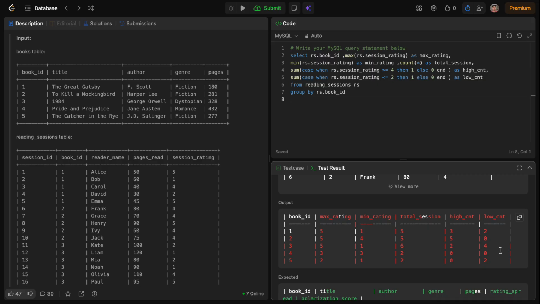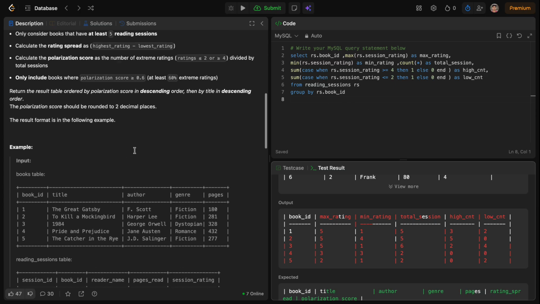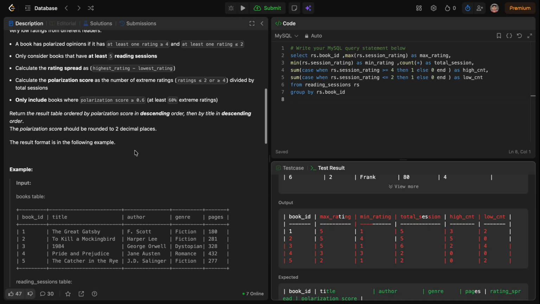Now we have to apply our condition where the sum of the highest count and the lowest count should each be greater than 0. Because if we do not apply this, the difference will come out negative, or the rating spread will be maximum. If, let's say, the highest count is 0 and the lowest count is something different, it goes negative.